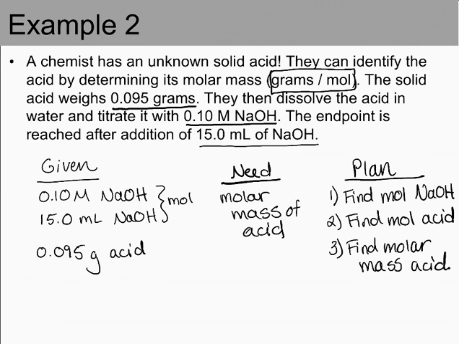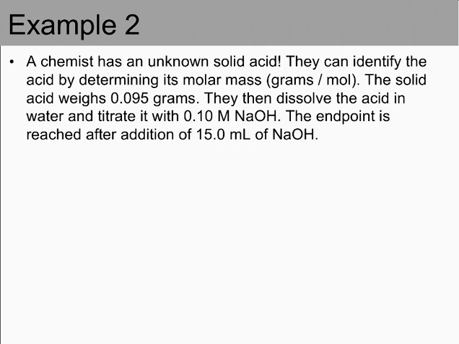Okay, so let's go through each of those steps. One, we're going to find the moles of NaOH. Remember, if we multiply volume by concentration, that will give us moles, but we need the volume units to match. So we have to convert 15 milliliters to liters.